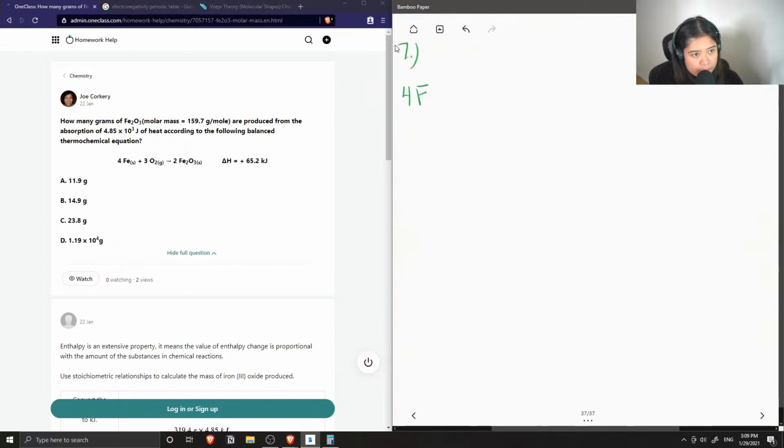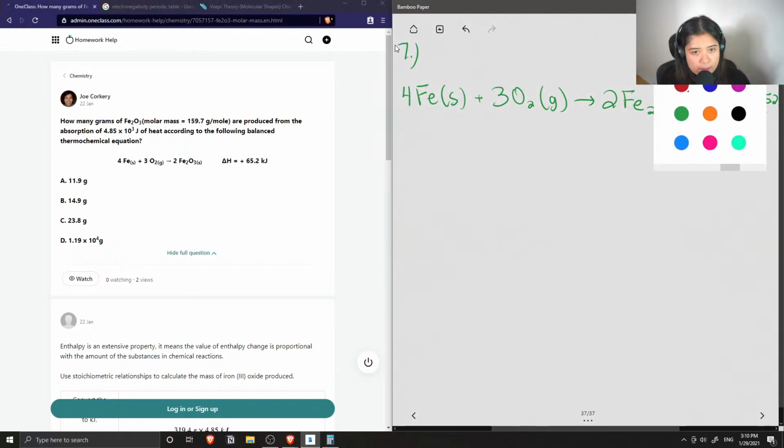And we have 4 moles of iron plus 3 O2 produces 2 iron oxide. And we'll add the delta H value, which is 65.2 kilojoules. Okay, so they also gave us the molar mass of the magnesium oxide, so I'll just add that down here.